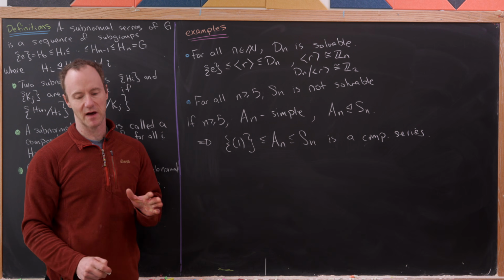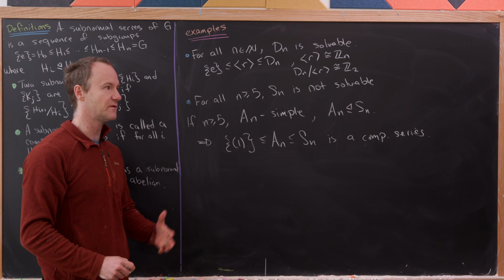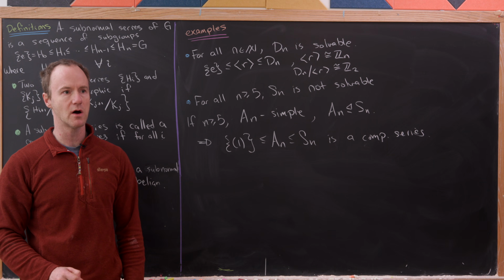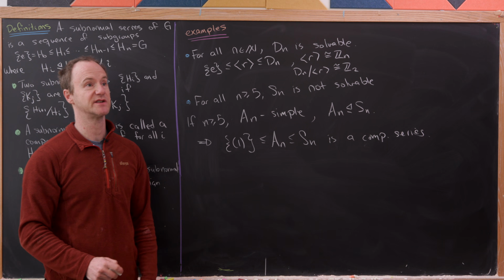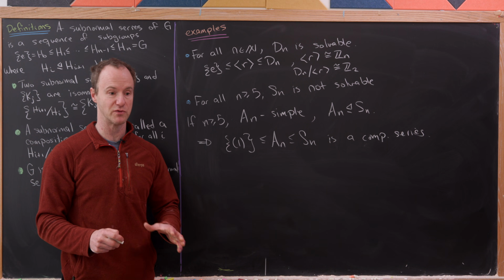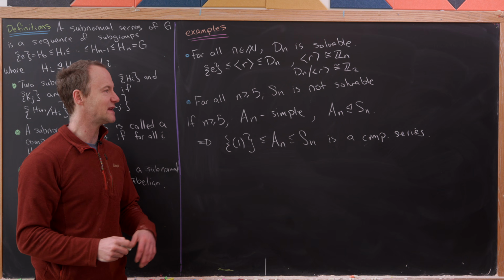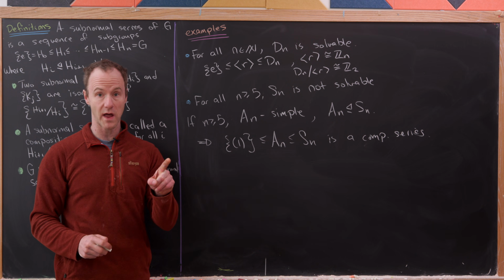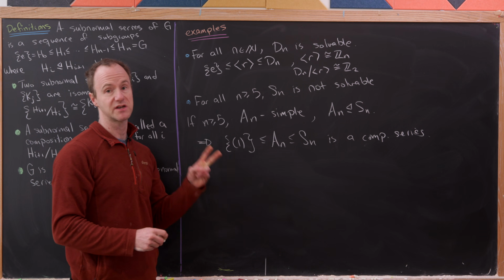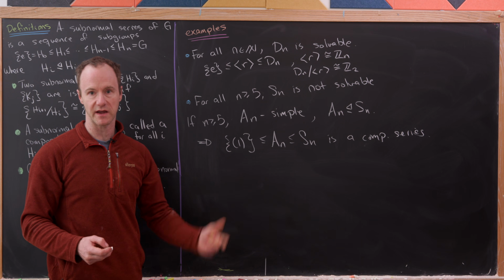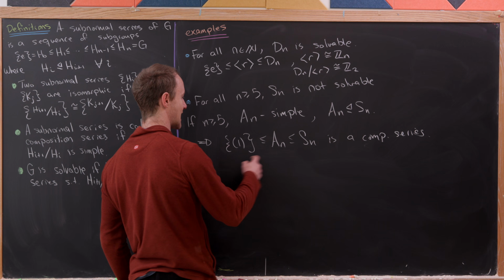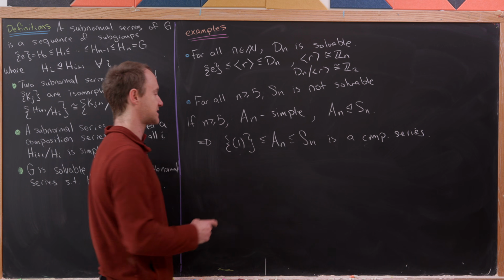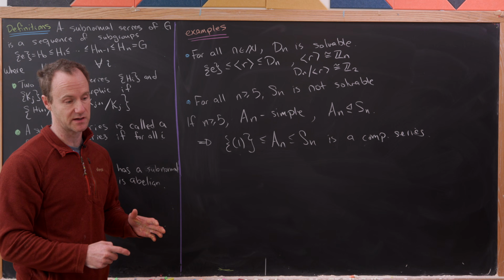Okay, but let's think about this. By the proof that all finite groups have a composition series, we know that composition series are the longest possible subnormal series. So that means every subnormal series of S_n is either length 1 or length 2. Well, here's one with length 2, but notice that our quotient here, A_n with this trivial group, is not abelian.